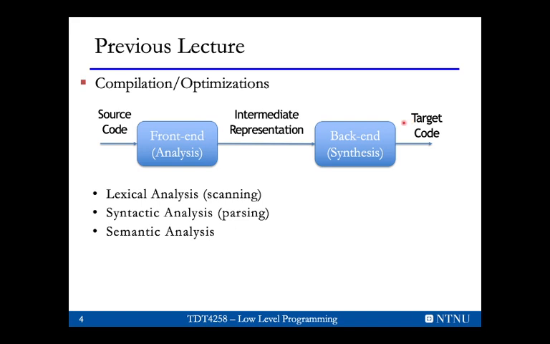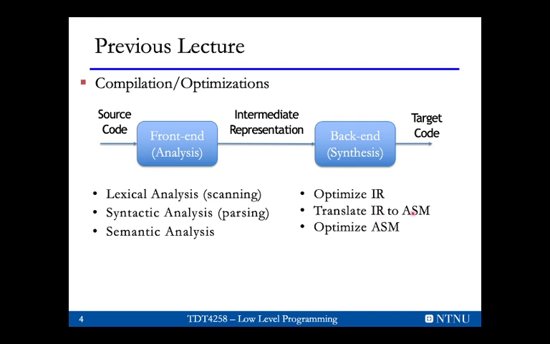So your backend reads the intermediate representation. It does machine-independent optimizations on the intermediate representation. We've seen things like loop transformations, loop unrolling, for example, to optimize for execution speed, because we can get rid of all these branch overheads. Then it uses some patterns to translate the intermediate representation to assembler.